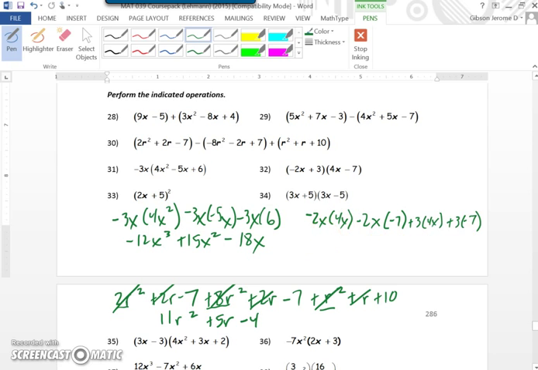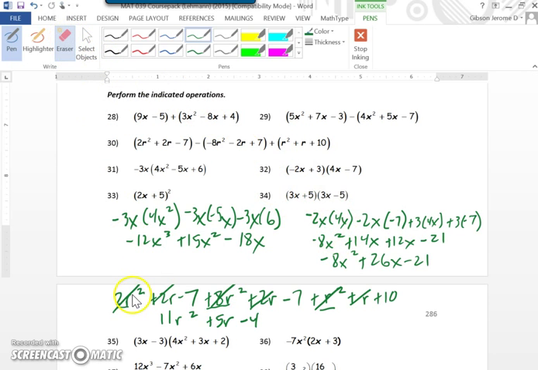Negative 2x times 4x is a negative 8x². Negative 2x times negative 7 is positive 14x. 3 times 4x is 12x. And 3 times negative 7 will give us a negative 21. So now we have negative 8x² + 26x - 21. So that will take care of problem 32.